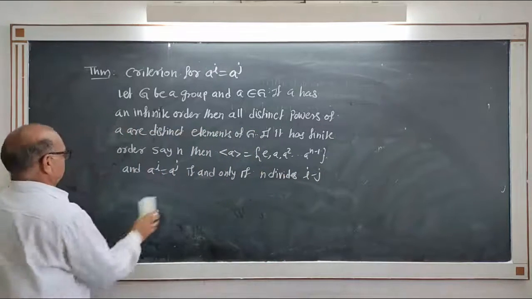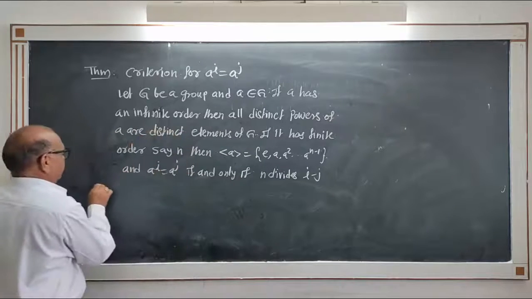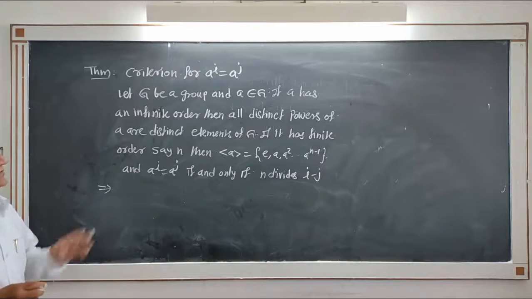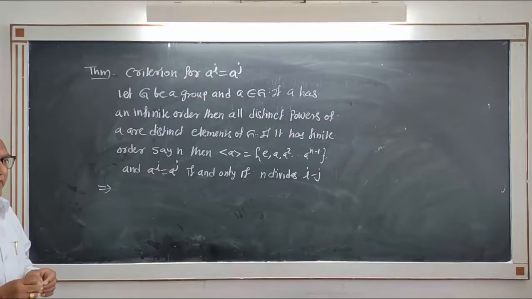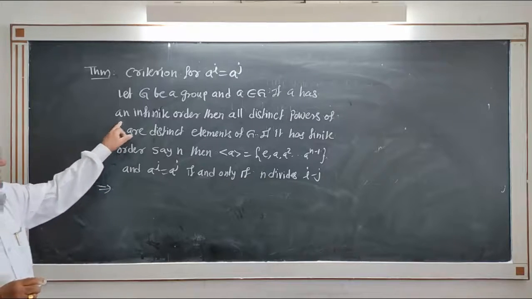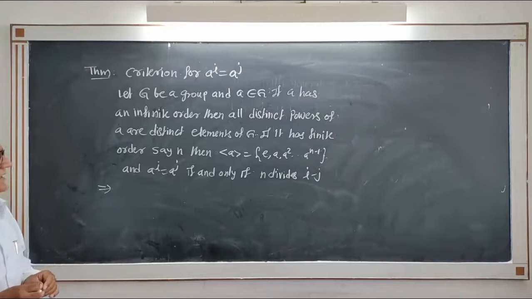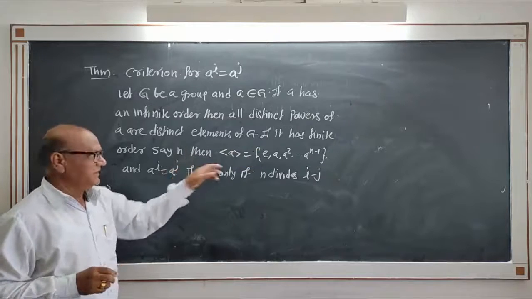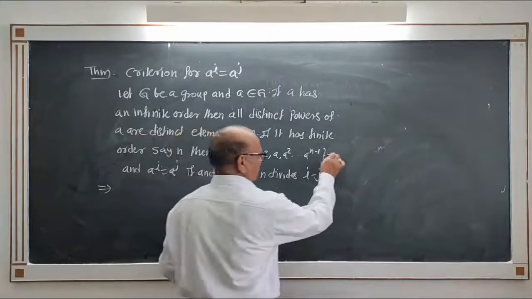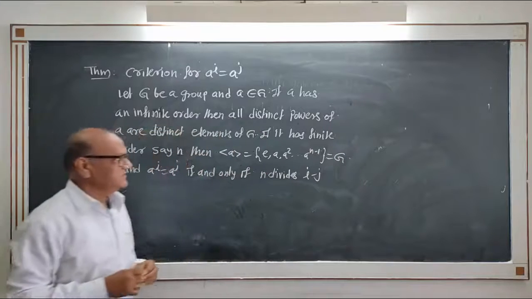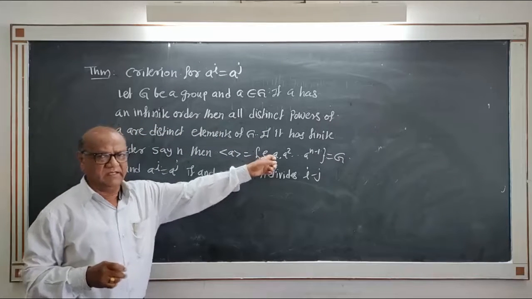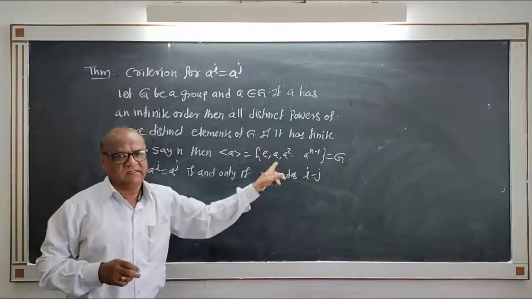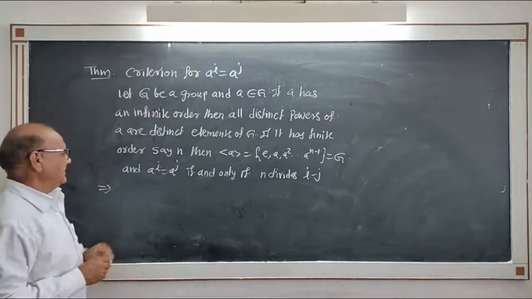See here, let G be a group and a belongs to G. If a has an infinite order, then all distinct powers of a are distinct elements of G. And if it has a finite order, say n, then G contains n elements, and these n elements are of this type and are distinct.